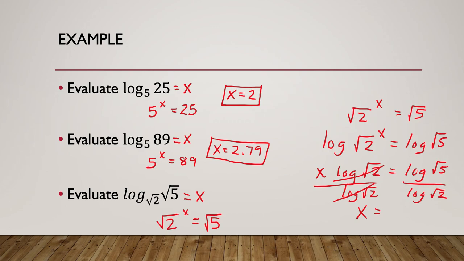We're going to do log of the square root of 5, and be sure that we close our parenthesis after we do the 5. And then we're going to do the division key, and then log square root of 2. And again, be sure you come out from underneath that square root and close your parenthesis. And you should get, rounded to 2 decimal places, 2.32.